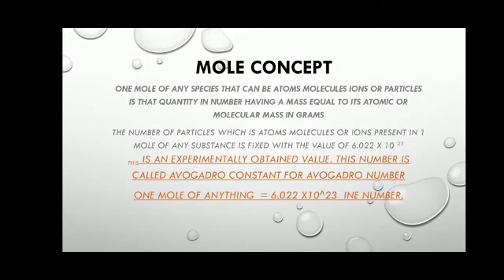The number of particles, which is atoms, molecules, or ions, present in 1 mole of any substance is fixed, with the value of 6.022 into 10 to the power 23. And this value is an experimentally obtained value. This number is called Avogadro constant or Avogadro number.